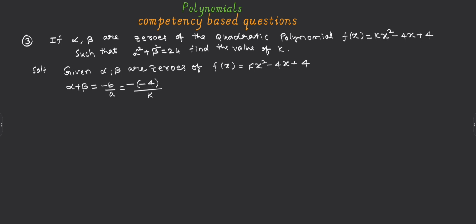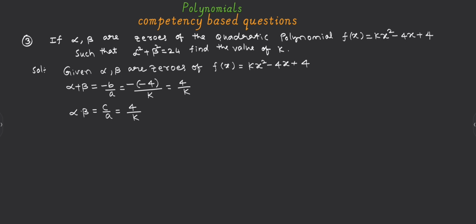So minus of minus 4 by k is 4 by k. This is minus b by a. Then alpha into beta, product of zeros. Formula is c by a. Here c we know is 4, and a is k again. So this is also 4 by k. So alpha into beta is 4 by k, and alpha plus beta is also 4 by k.